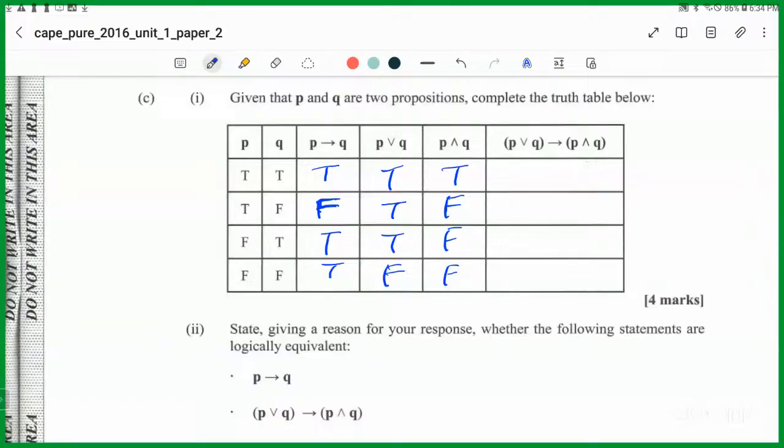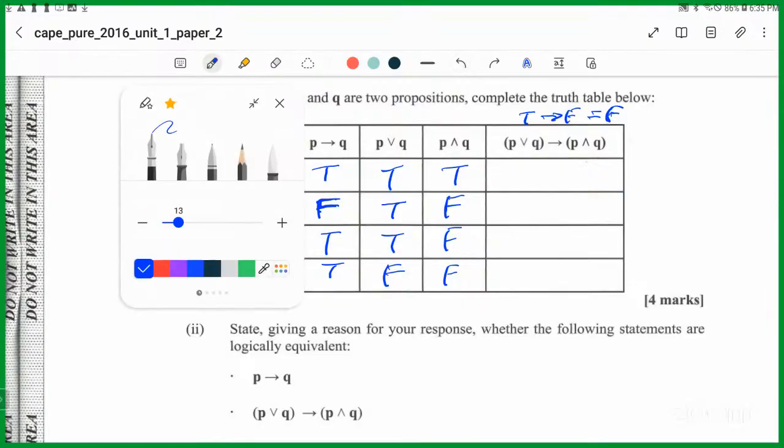Then we are doing this conditional statement now. So what are we doing? This one is this, and this one is this. So we are looking for true implies false equals false. Everything else is true. We're looking for this between these two, so we're really not focusing on these two.